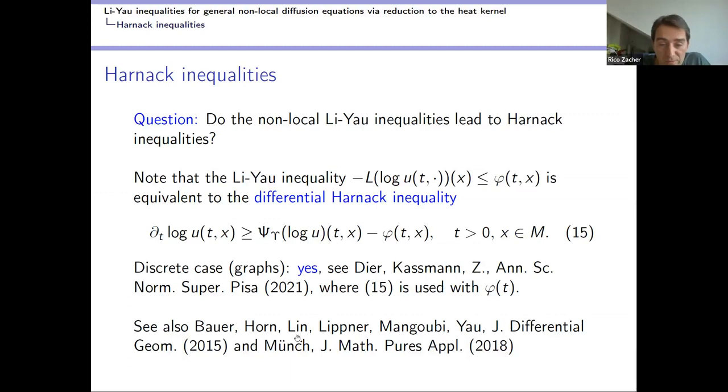The first one, let me call it the Harvard paper, where Li-Yau himself is involved, was the first paper on Li-Yau inequality on graphs. Then there's another important contribution by Florentin Münch, who developed further the calculus from the first paper. But let me mention that in this Harvard paper, people were not using the logarithm of u, but the square root, since they could not cope with this lack of chain rule.